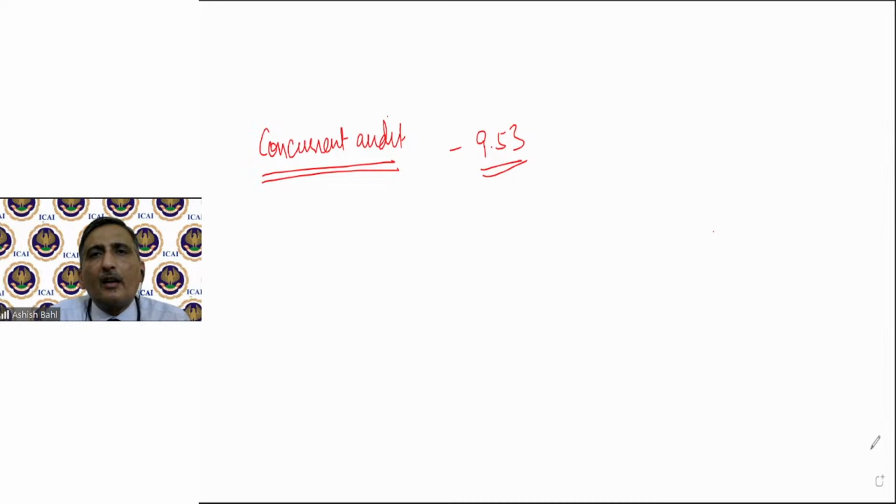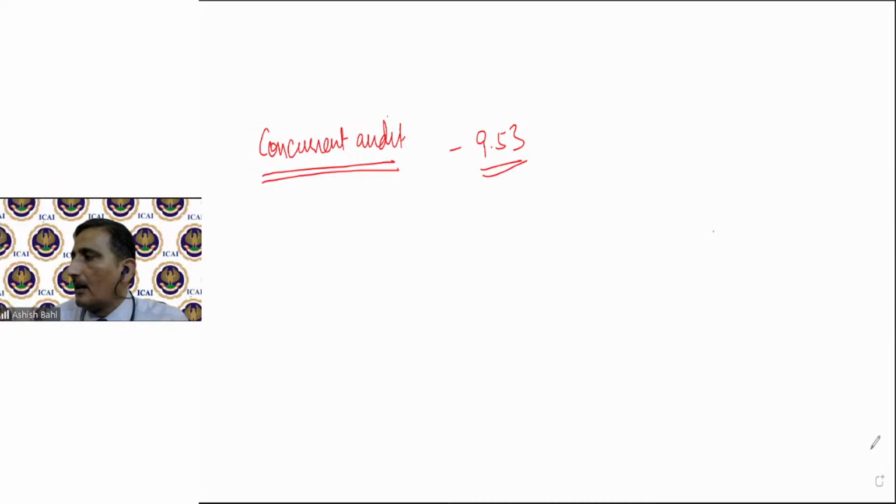But what about concurrent audit? You have heard this term quite often, and I think most of you have gone through practical training and must have conducted or been part of concurrent audit.